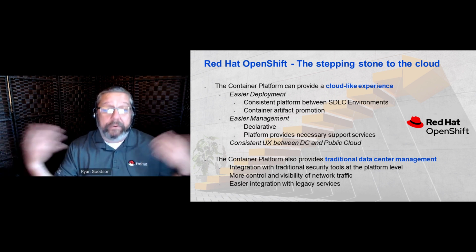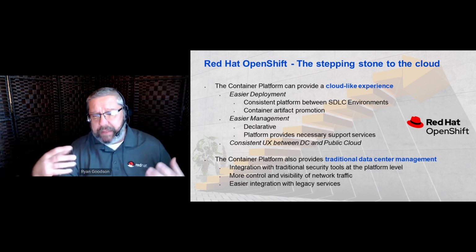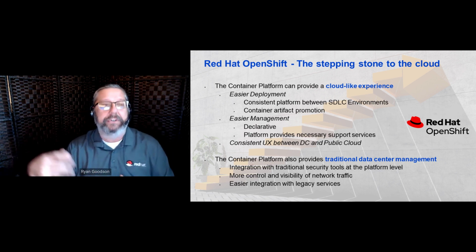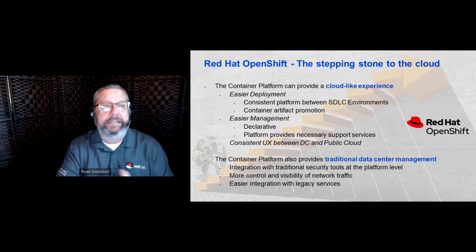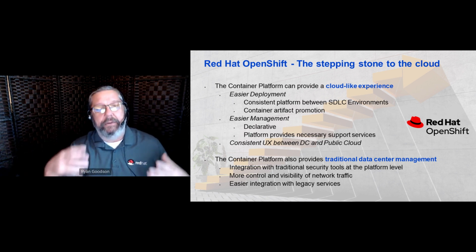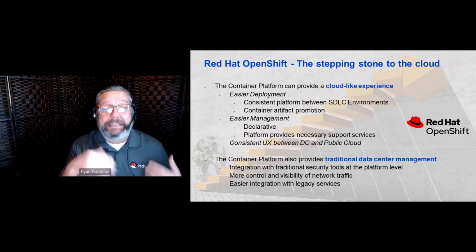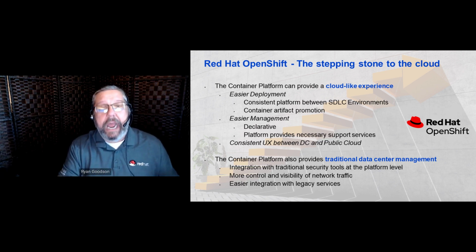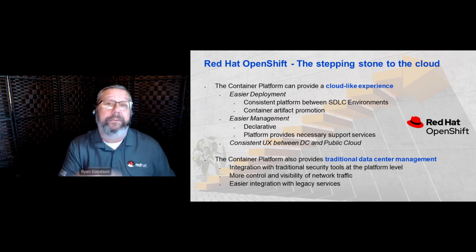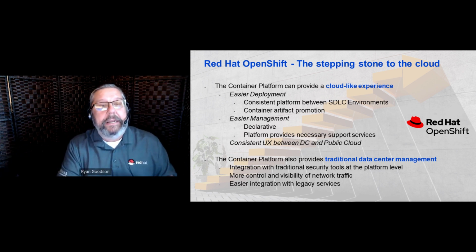And then the platform provides all those necessary support services to smooth the integration of that application with those downstream or even upstream dependencies. And by leveraging the OpenShift environment in both on-prem and in the public cloud, it gives a consistent user experience, not only from the application side, but also from the management of the platform itself.